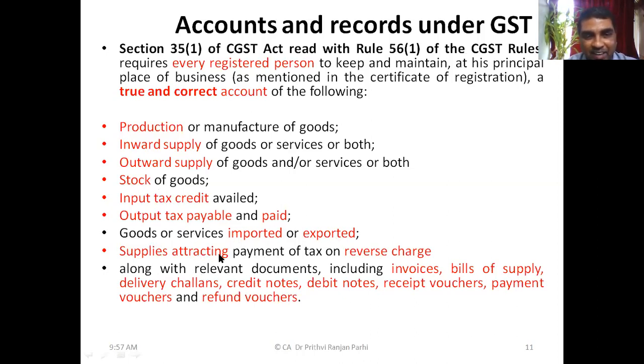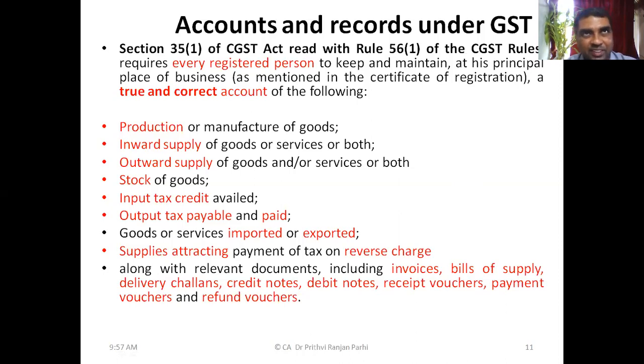Supplies attracting payment of tax on reverse charge, and along with the relevant documents including invoices, bills of supply, delivery challan, credit notes, debit notes, receipt vouchers, payment vouchers, refund vouchers. All these things should be maintained in such a way that they produce true and correct account.